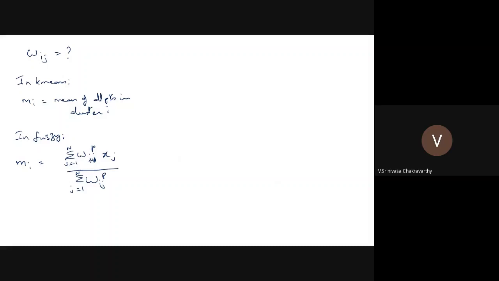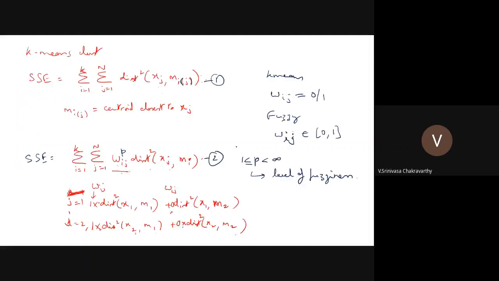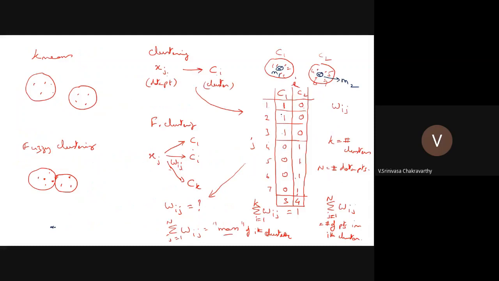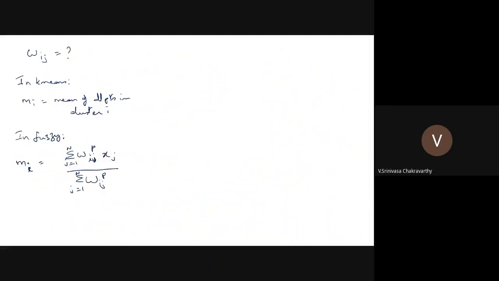I'm using all wij's for a given i because I want to know the centroid of the ith cluster. So wij's will be non-zero only for the data points that belong to that cluster. For all the others, wij's will be 0. So it will be 1 for all the relevant points and 0 for all the irrelevant points.